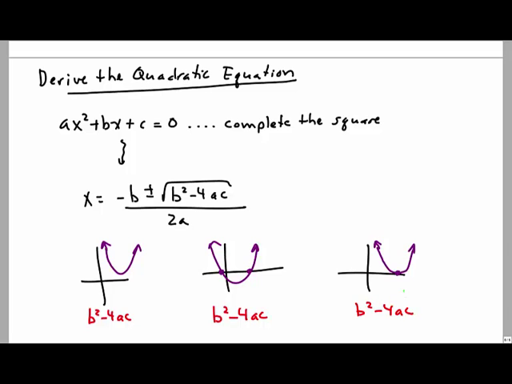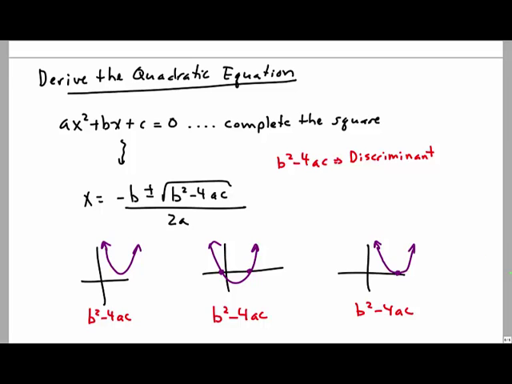Now this b squared minus 4ac is something that we just take a quick look at oftentimes to see what's going on with our equation. This is called a discriminant. So what we do then is we analyze this discriminant, and that process is called discriminant analysis.